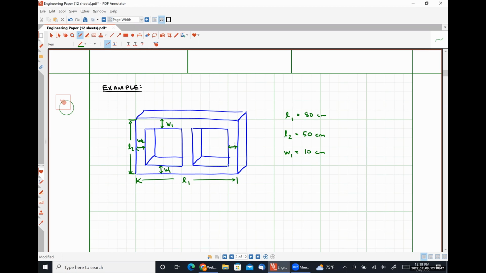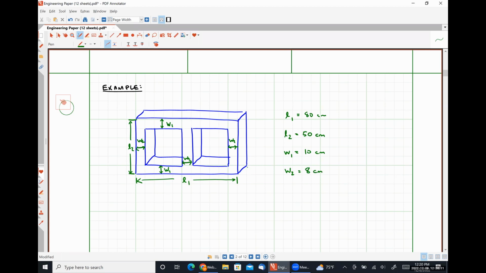This will also have the same width, as will this piece right here. So effectively, all of the vertical beams have the same width and all of the horizontal beams have the same width, but those two widths are different things. Let's say that W2 is 8 centimeters.